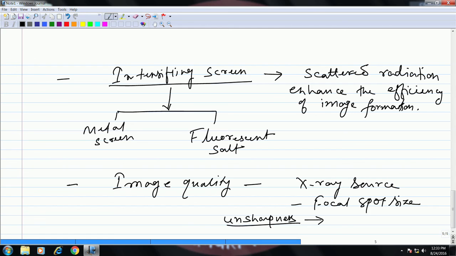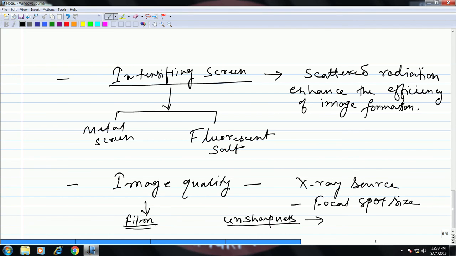And the image quality would also depend on the properties of the film, and the parameters which influence the quality of the image with regard to the film, that also we have discussed.